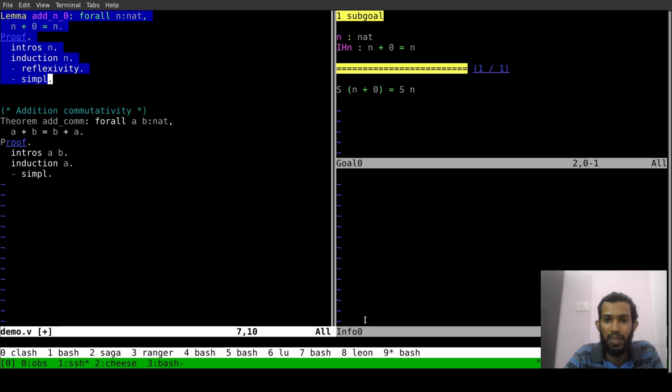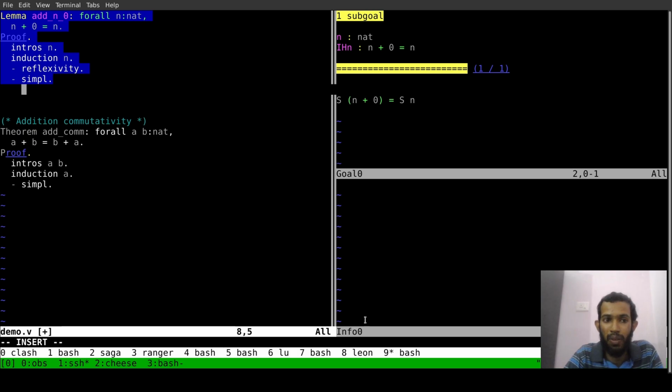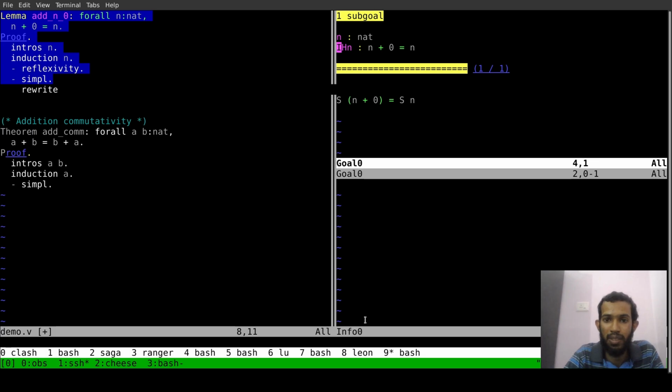We got something that we can rewrite with. As you can see, the IHn in the context section, and I want this n plus 0 to end up being n in the LHS part. I have got n plus 0 in the LHS of the goal. I want to rewrite using the IHn hypothesis that I have as part of my context.